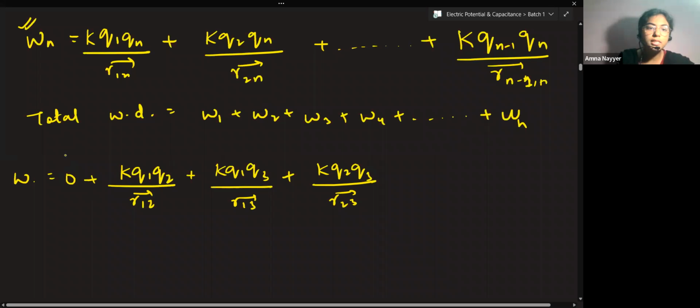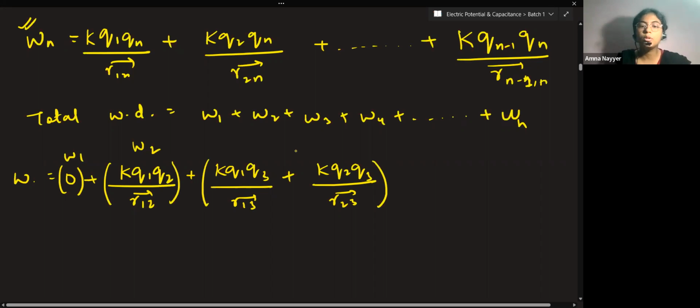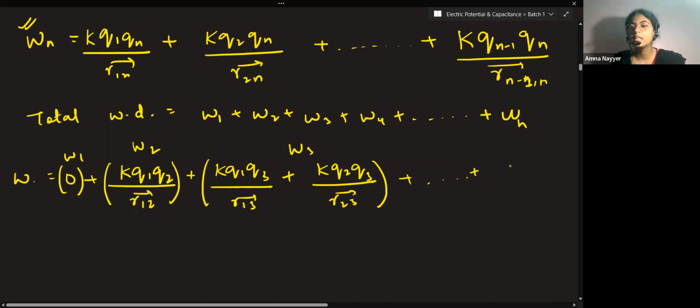This is W1, this is W2, this is W3, plus up till the general formula of it. Wn is K Q(n-1) Qn divided by R(n-1)n.